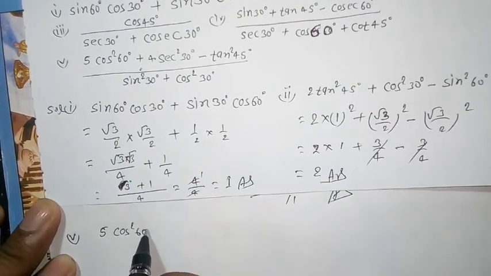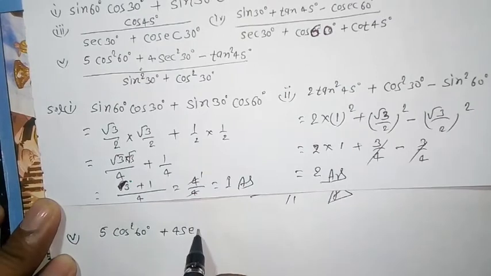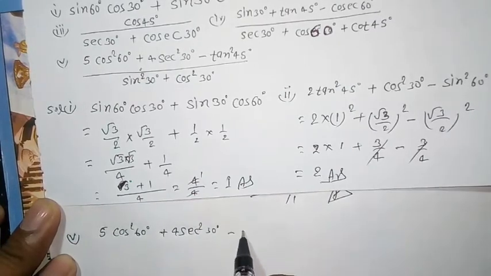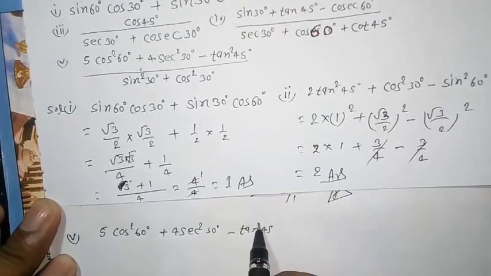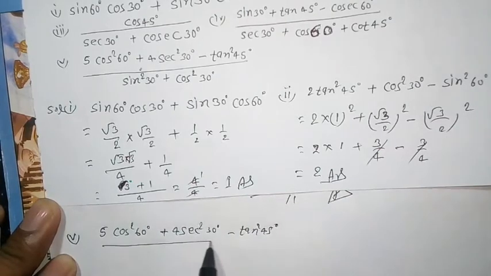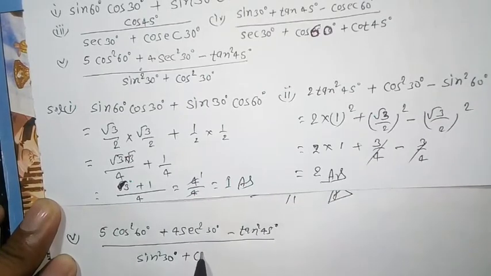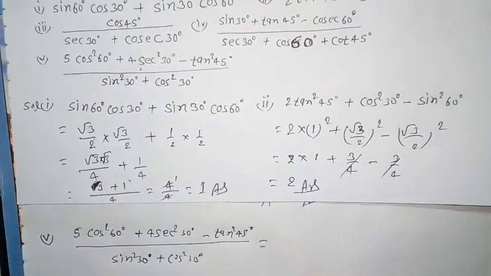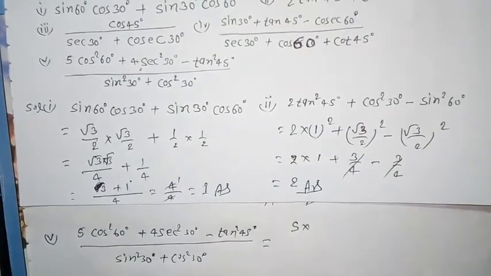Cos square 60 degree plus 4 sec square 30 degree minus tan square 45 degree, by sin square 30 degree plus cos square 30 degree, is equal to 5 into cos 60.